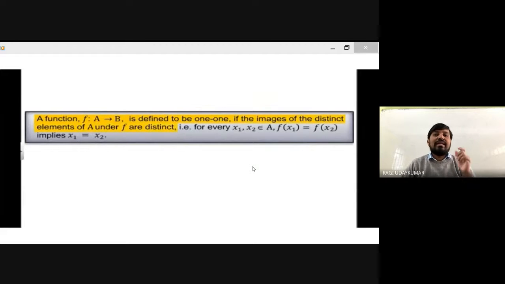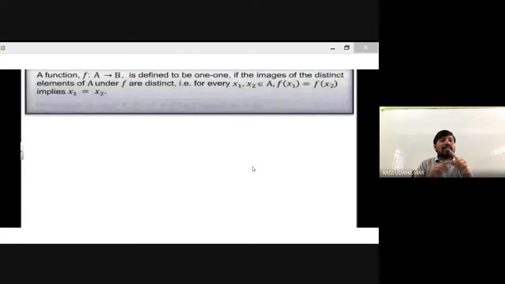Means different elements of A should have different images. There should not be the same image. From the domain, you are not supposed to have arrow marks going to a single element. So if one arrow goes from one element, the other element has its own arrow.